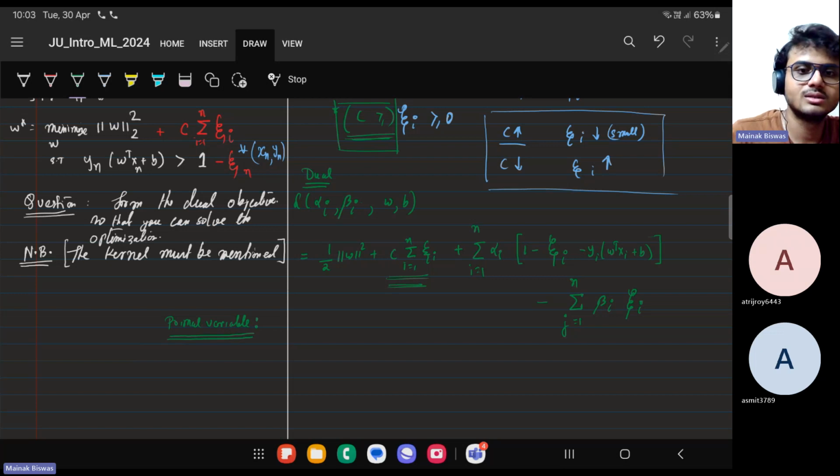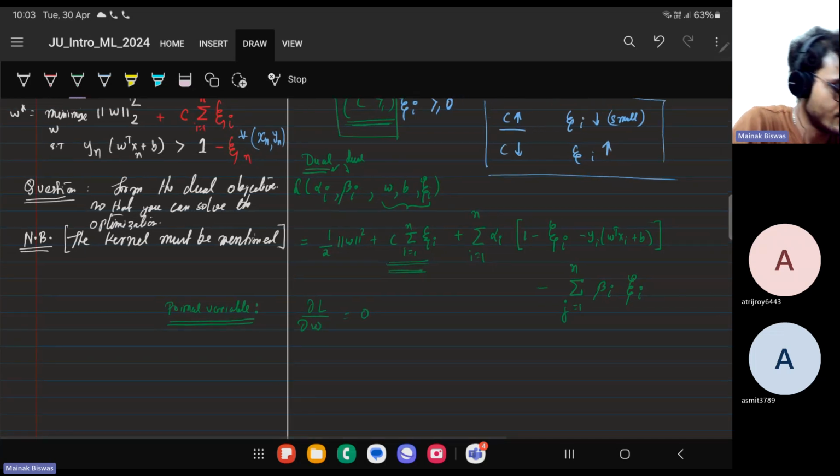Alpha, beta, gamma are the dual variables. Primal are w, b, and xi i. I have to remove these primal variables somehow. So let's try and remove them, starting with dL/dw equal to 0.